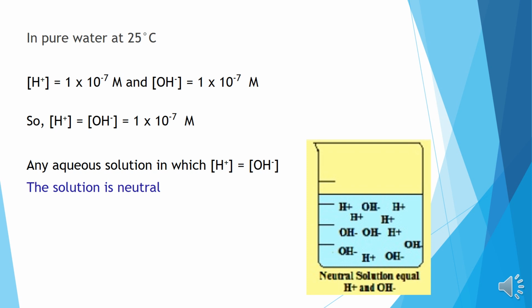So the concentrations of H+ and OH- are equal, 1 times 10 to the power minus 7 molar. What can we conclude here? That any aqueous solution in which the concentration of H+ equals the concentration of OH- is neutral.